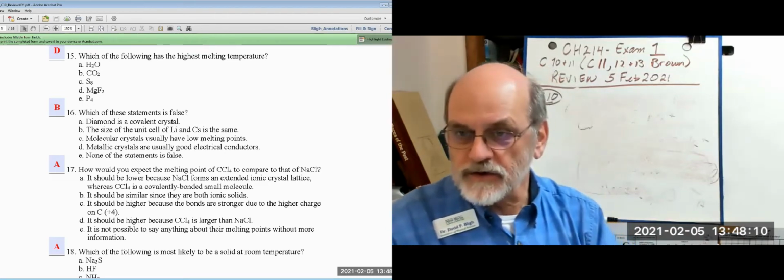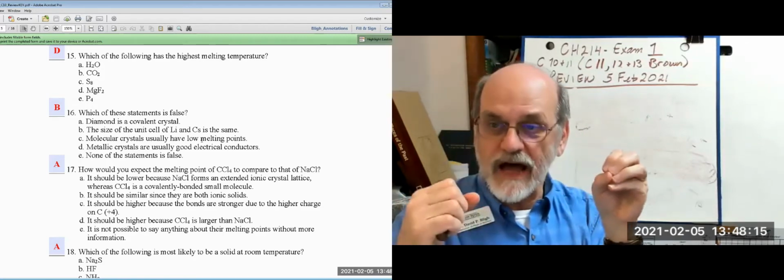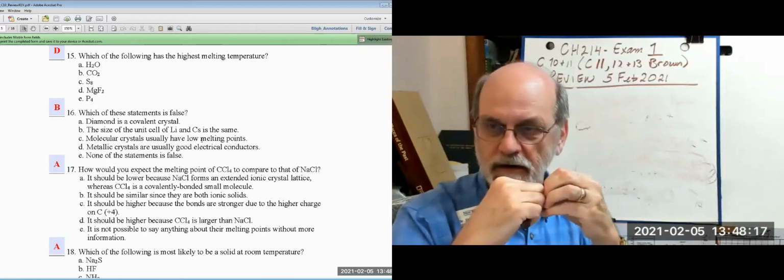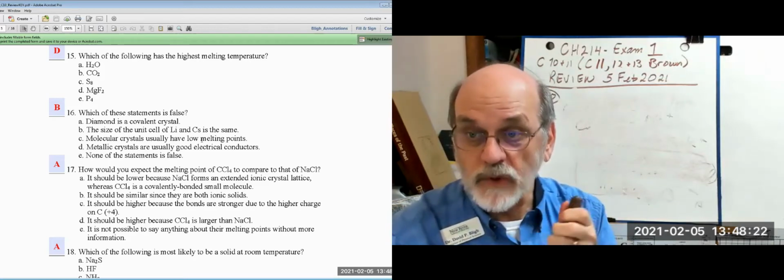A molecular crystal is where you have individual molecules that have been made to form a solid by cooling and compressing, and the bonds between them are relatively weak.